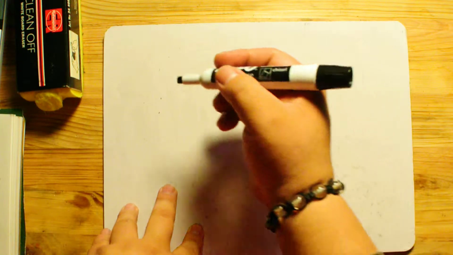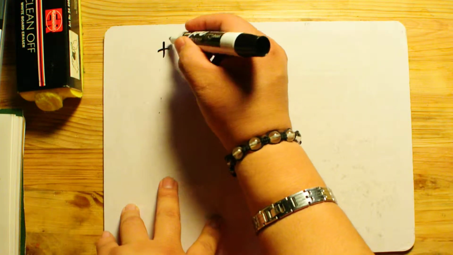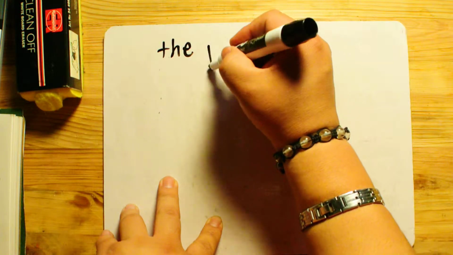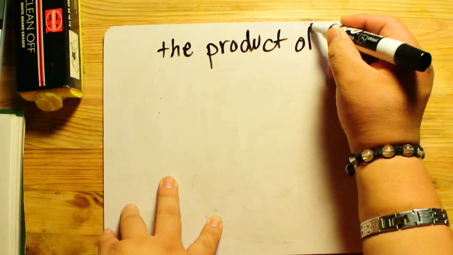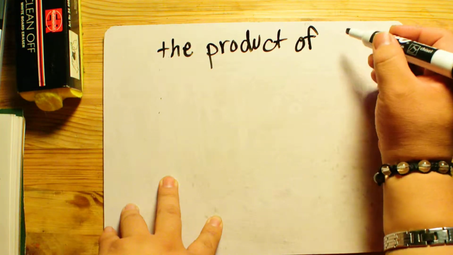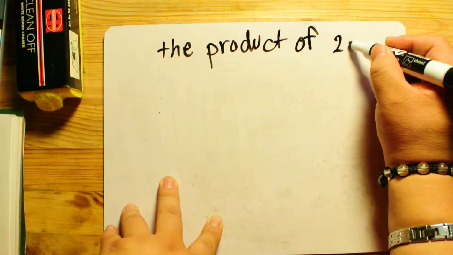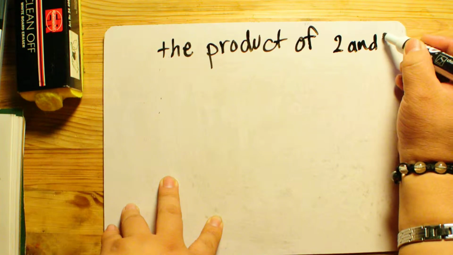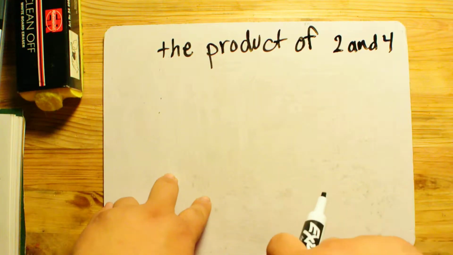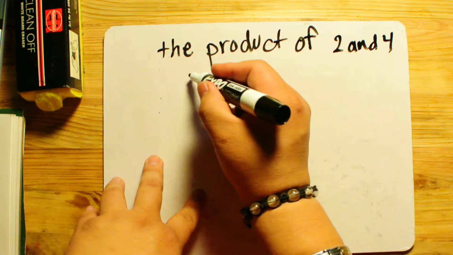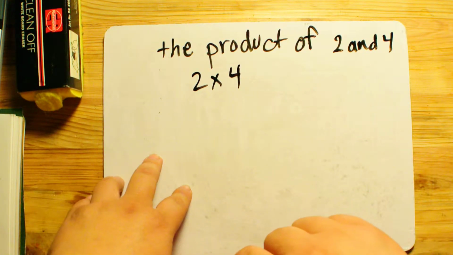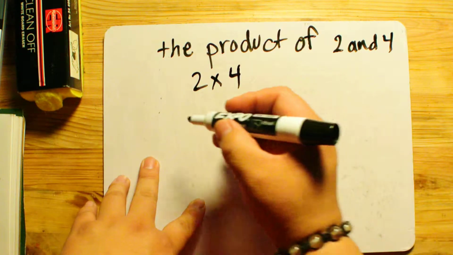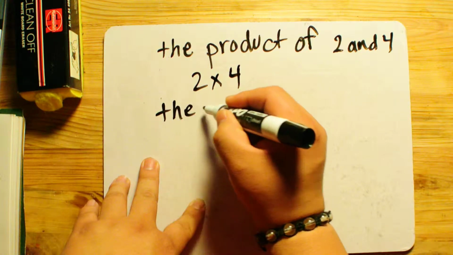And we also see it in words. Whenever we say the product of, let's say, 2 and 4, that actually means 2 times 4. And let's switch it up a little bit.